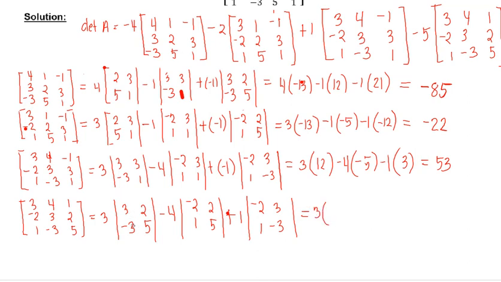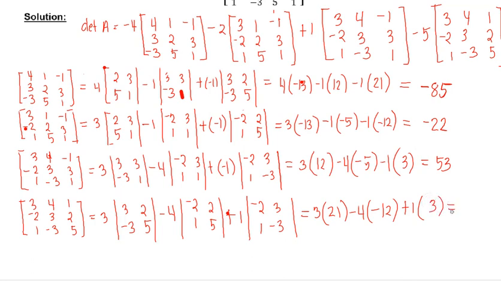So we have 15 minus negative 6, that is 21, minus 4 times negative 10 minus 2, that is negative 12, plus 1 times positive 6 minus 3, that is 3.